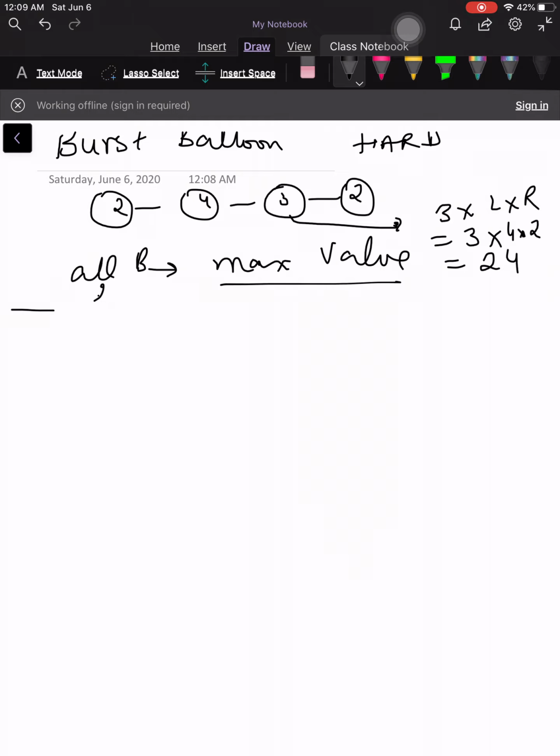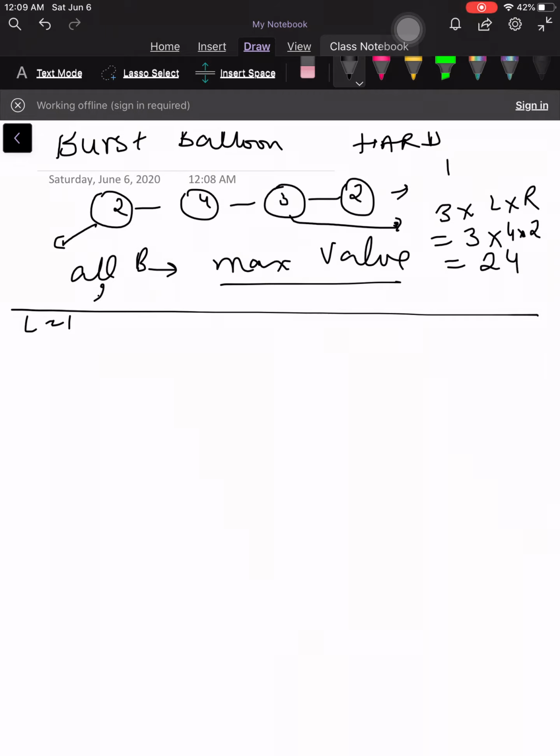So how do we solve this? The one thing you have to figure out is, in the case of edge, if you burst 2, then you assume the left side is equal to 1. Or in the case of right, if you burst 2, this edge case is 1.